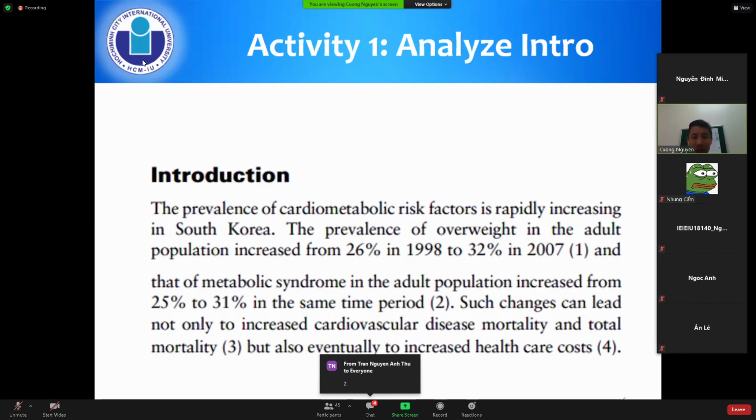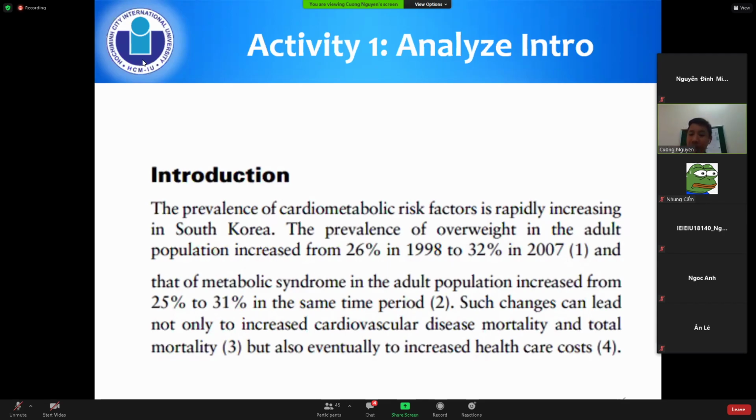Actually, 1 and 2, because in terms of content, it is still background information. But you see citations, so it is literature review. When you say 25% or 32%, you need evidence from literature.